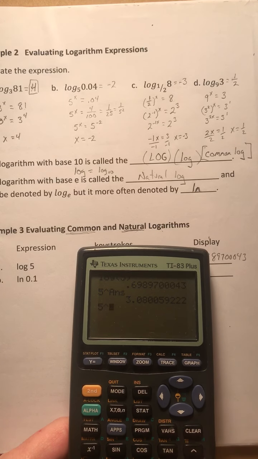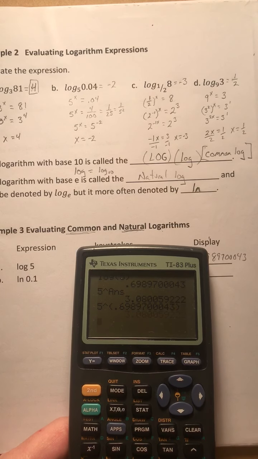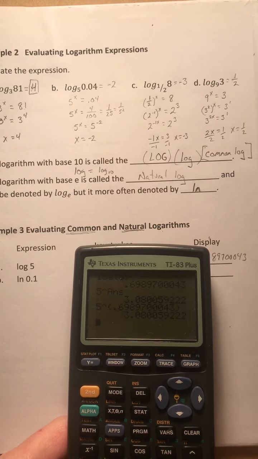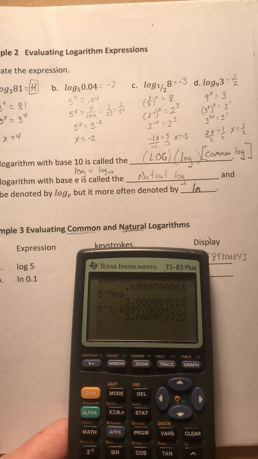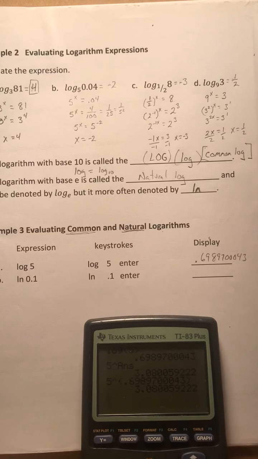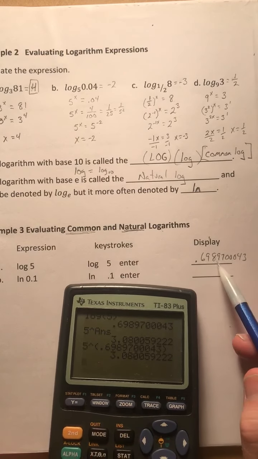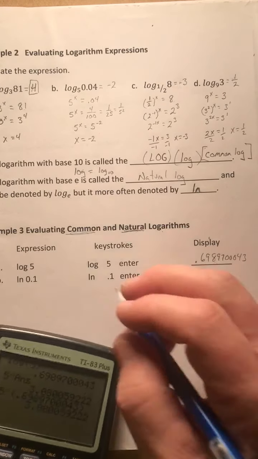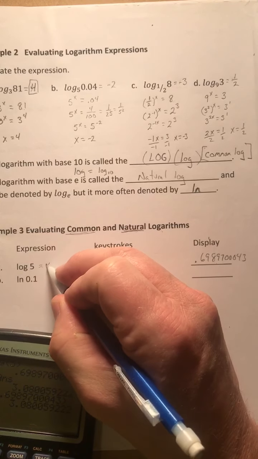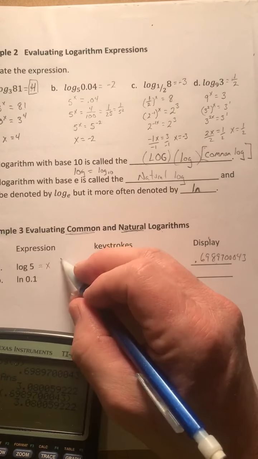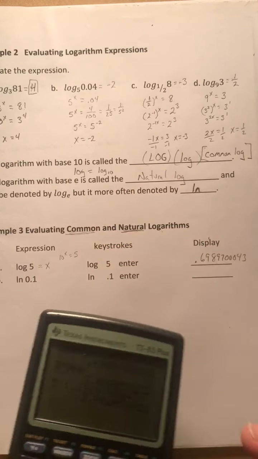Let's try 5 to the 0.6989700043. That should be giving me a 10 because it's log base 10. Oh, 10 is the base. That's right. So 10 to that power should give me 5. I wasn't even thinking about how I rewrote this. So 10 to that power equals 5. That's what I was doing wrong.